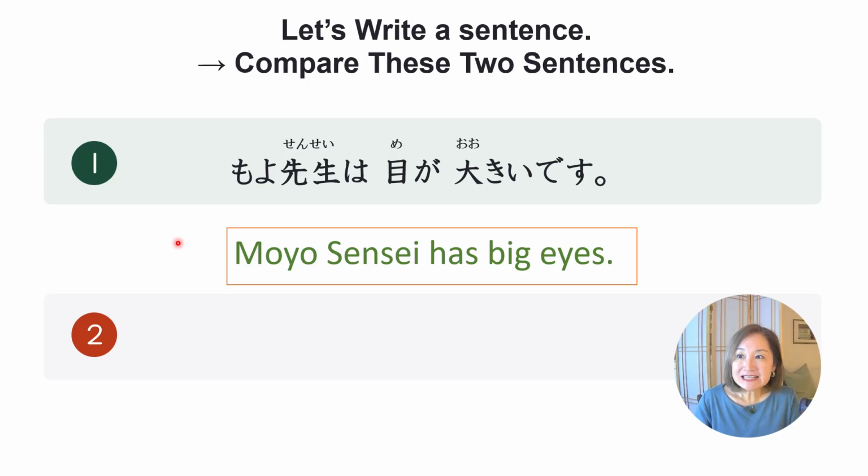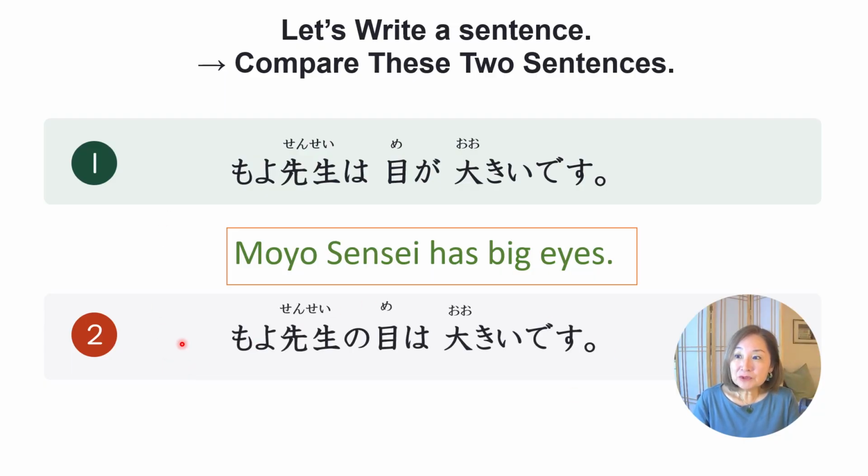もよ先生は目が大きいです。If you wrote this, you got it. This is a perfectly natural Japanese sentence, and it's a much more natural way to describe someone's physical feature. But if you wrote this, もよ先生の目は大きいです。This sentence is also grammatically correct, but it has a different focus.